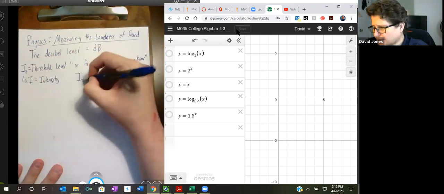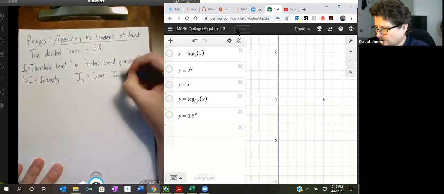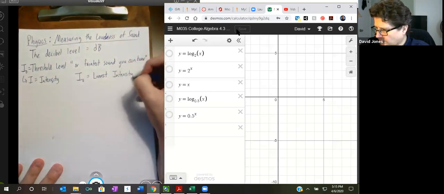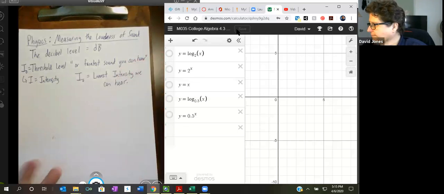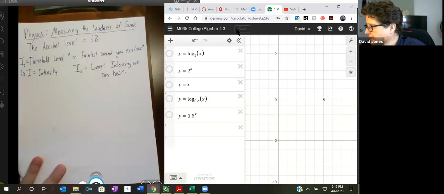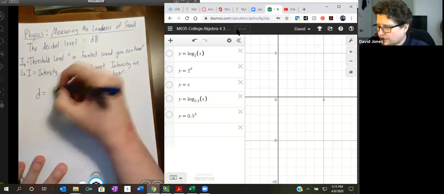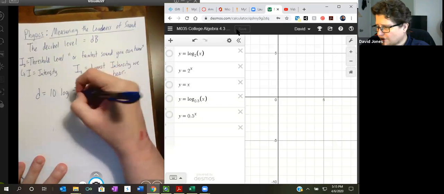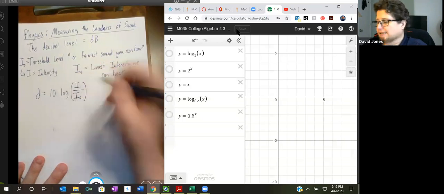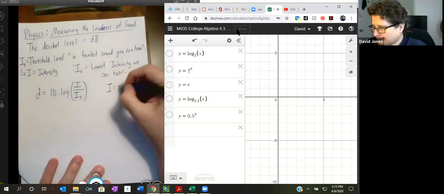So I0 is the lowest intensity we can hear. And the way the decibel system works, D equals 10 log of the intensity of our sound over the base intensity, the lowest intensity. So I is the current sound level.